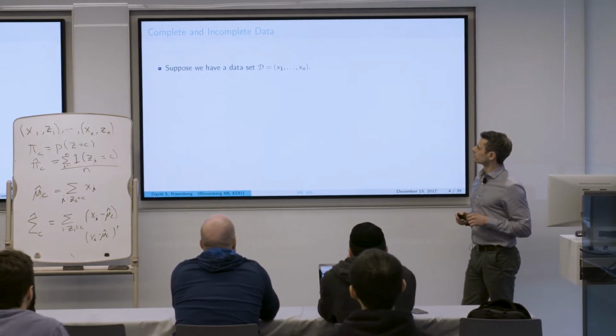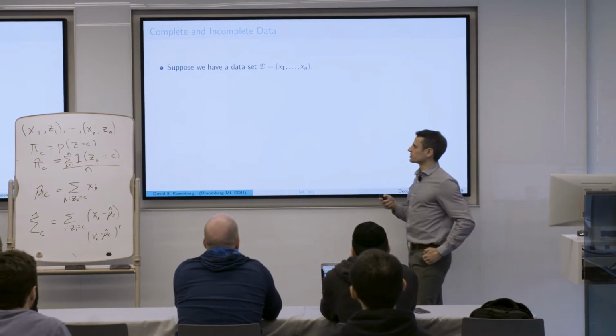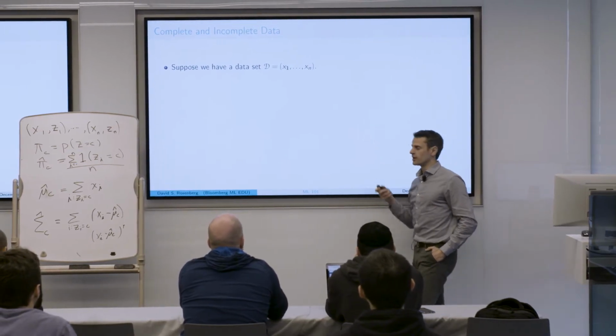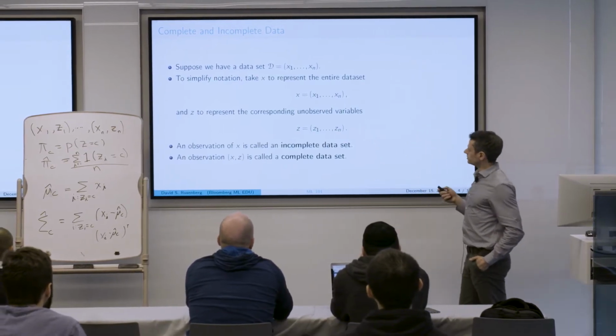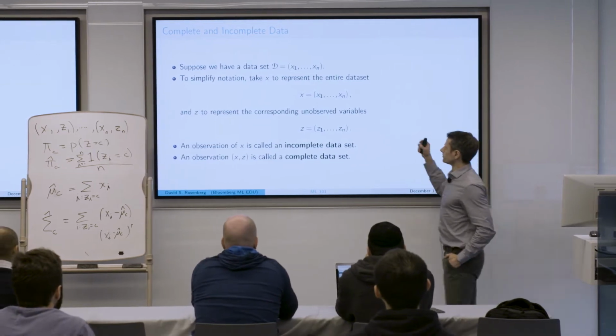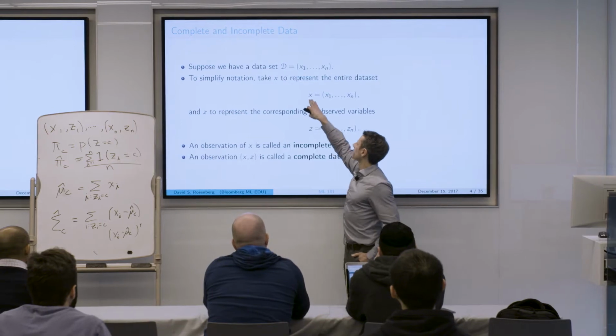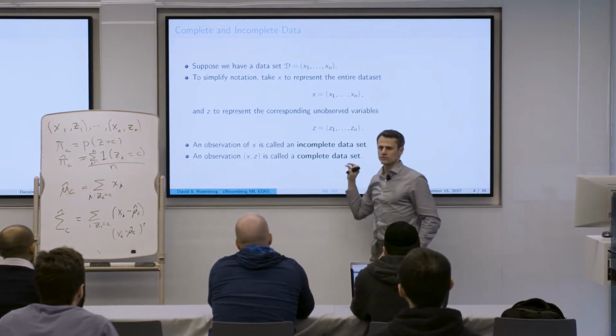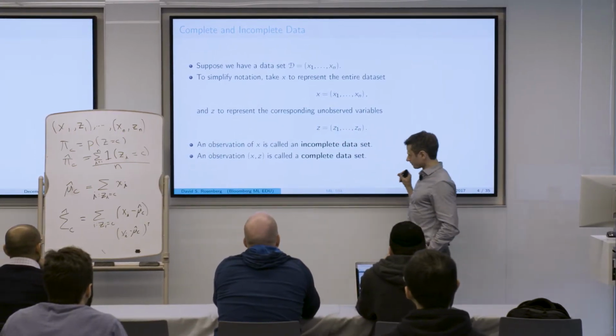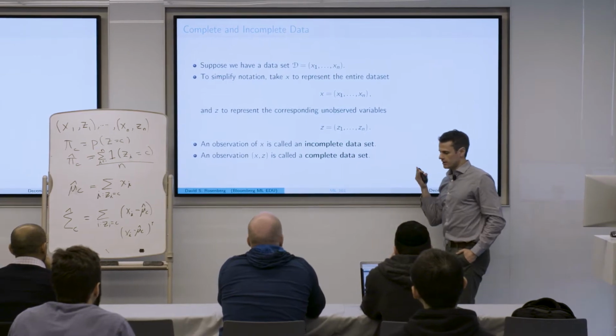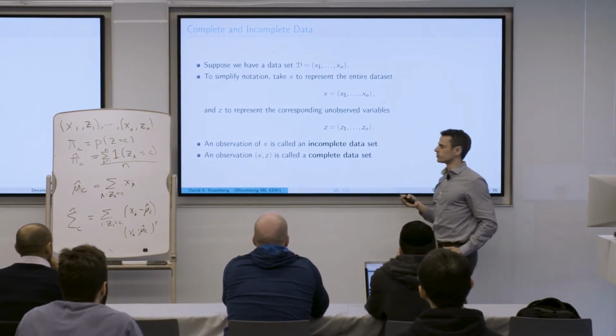All right. So suppose we have a little terminology. Suppose we have a data set x1 through xn, and for simplicity, let's just write x for all the points we observed, x1 through xn. And we'll find that that's basically all we need to work with.